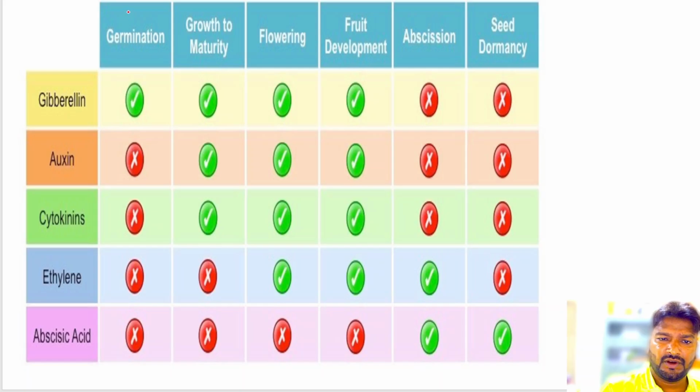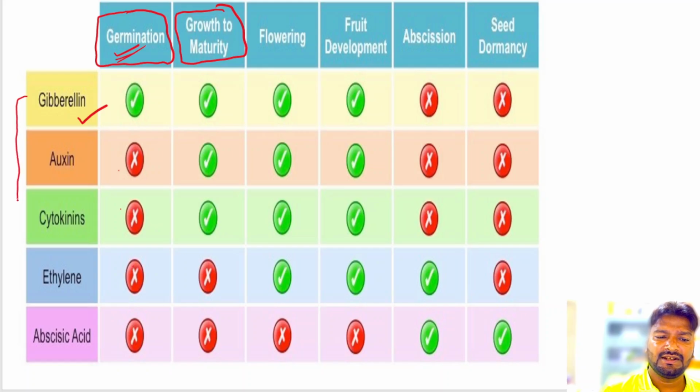The first stage of the plant is germination, and in germination gibberellin has a very important role. Apart from that, auxin, cytokinin, ethylene, and abscisic acid also have roles. For growth and development, from growth to maturity, these 3 hormones, auxin, cytokinin, and gibberellin, are important. During flowering, other than these 3 hormones, ethylene also has an important role.